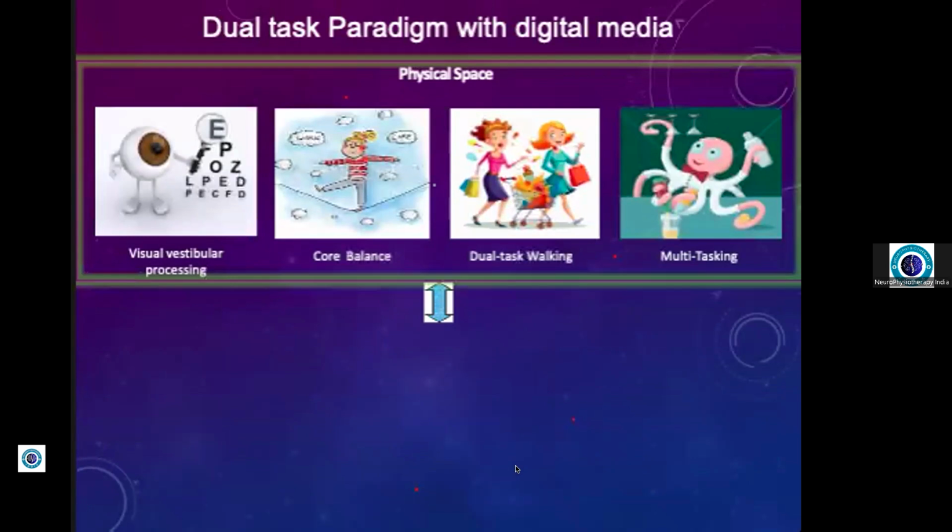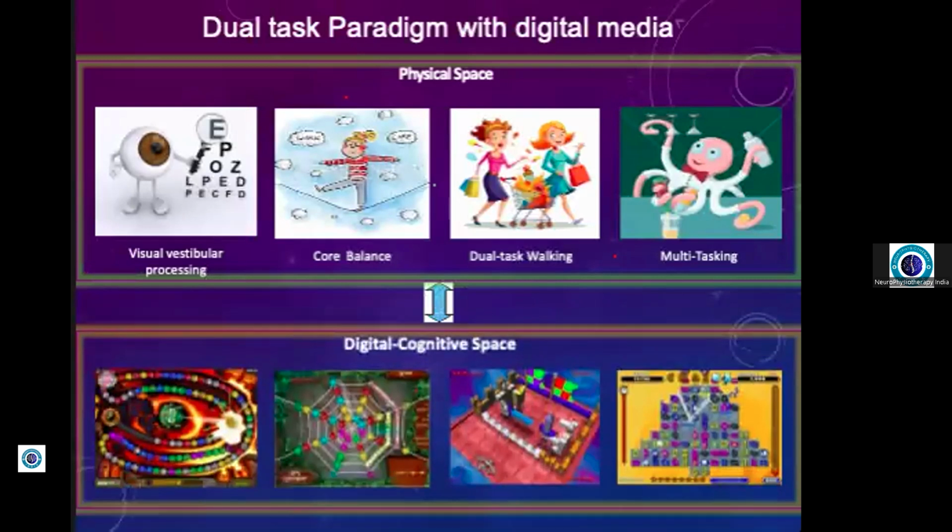So let's say when they are looking for their pen in a messy desk, or they're balancing themselves while trying to get something off the shelf, or they're walking while talking to you, or multitasking in any way, we can create platforms that will allow these movements to occur as a task while engaging their cognitive space in digital media using fun, engaging games that are very goal-oriented, target-based, that can be chosen based on that person's cognitive abilities.